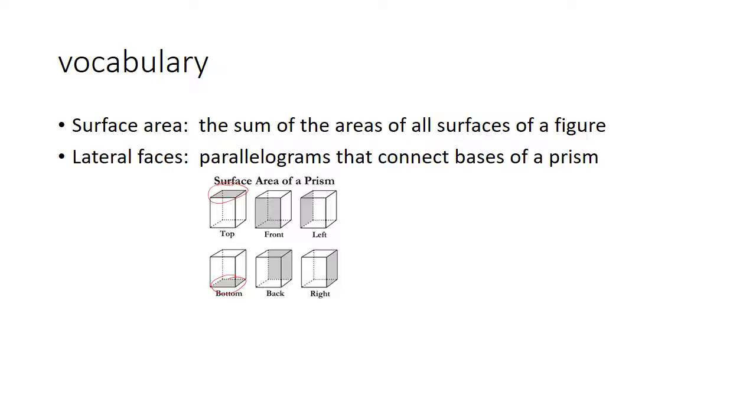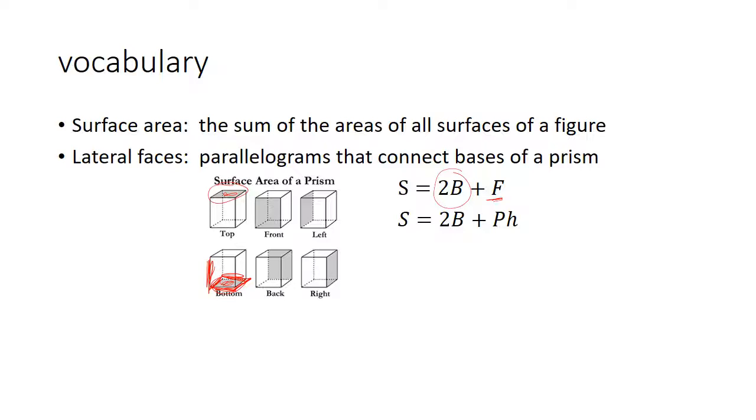The way you find the surface area for a rectangular prism is we take the area of our base, which is the bottom and the top, and we've got 2 of them, so we multiply it by 2. The easiest way to find the lateral faces, which they refer to as L in our book, is you take the perimeter of your base, so we would add this side plus this side plus this side plus this side, and then multiply it by this side.